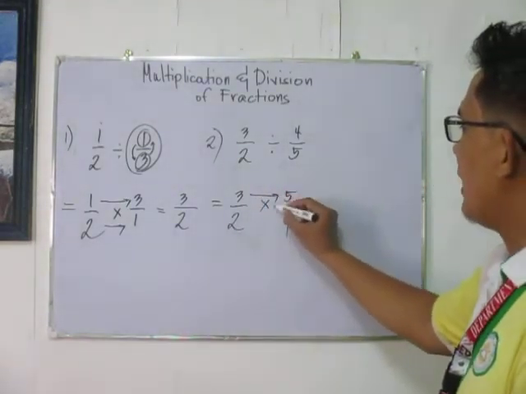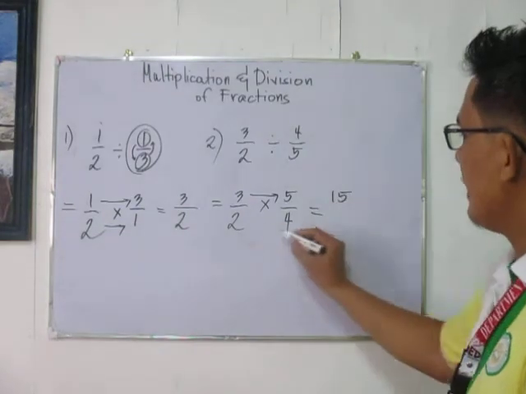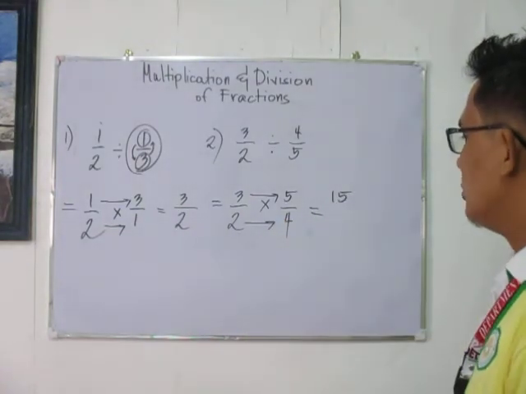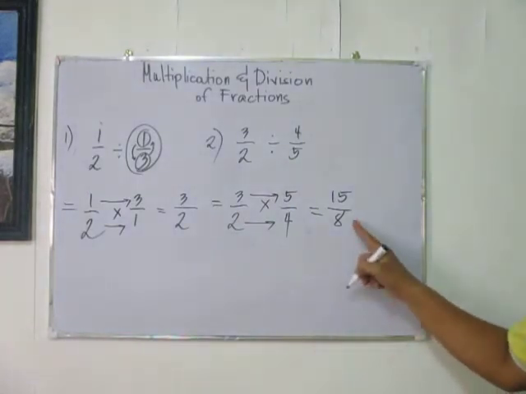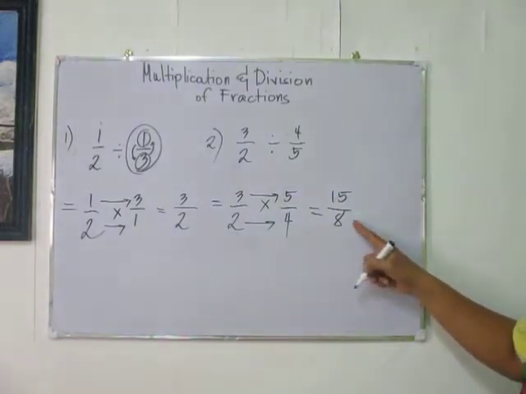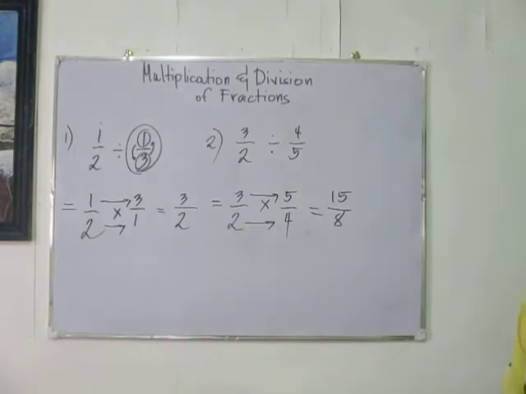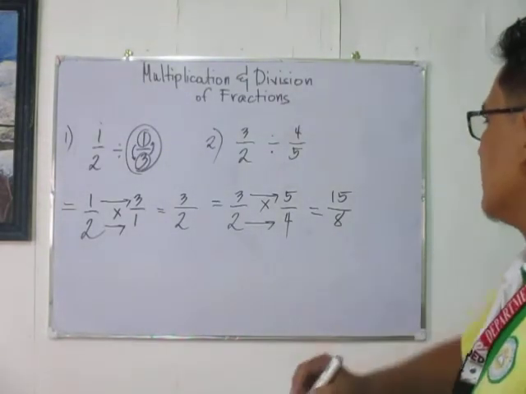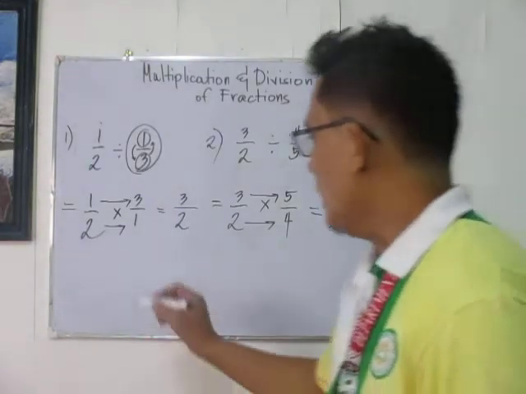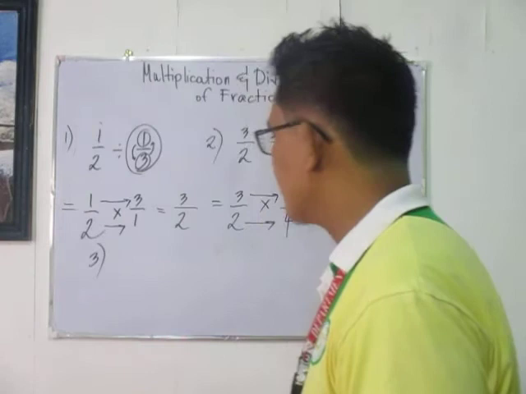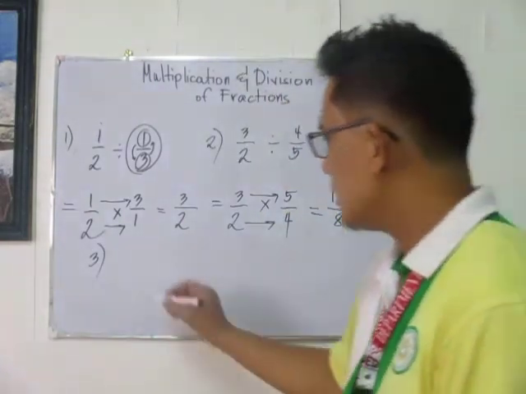So 3 times 5 is 15, and 2 times 4 is 8. Or you can change this into a mixed number, or you may leave your answer as is. In a way, those are equivalent fractions. Whichever you like.